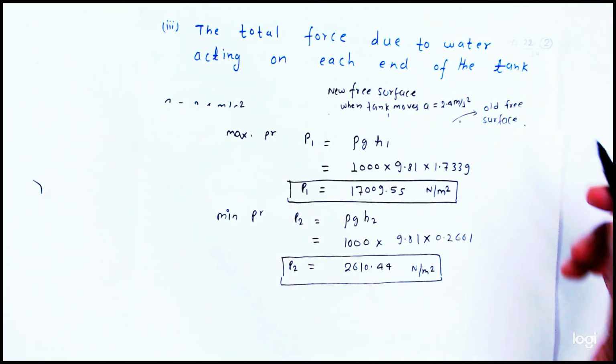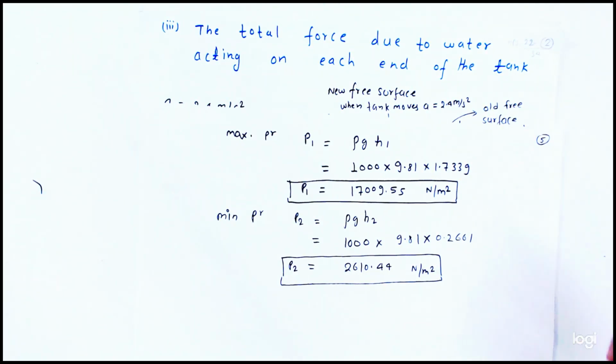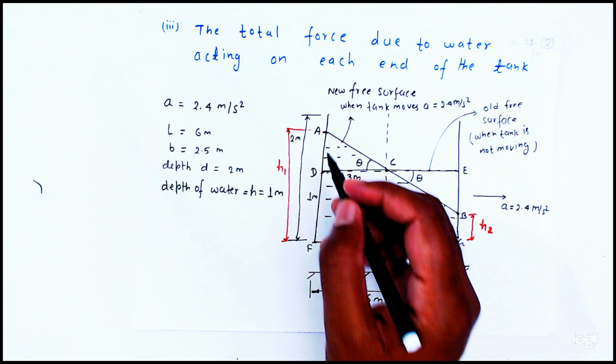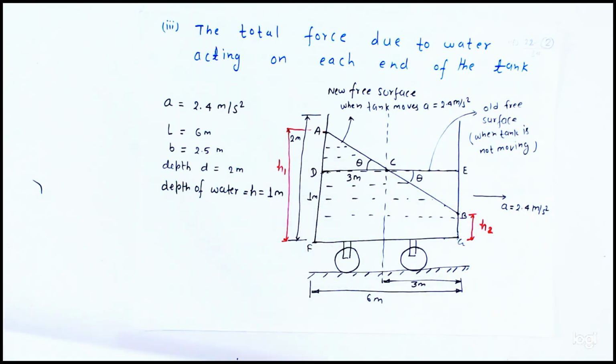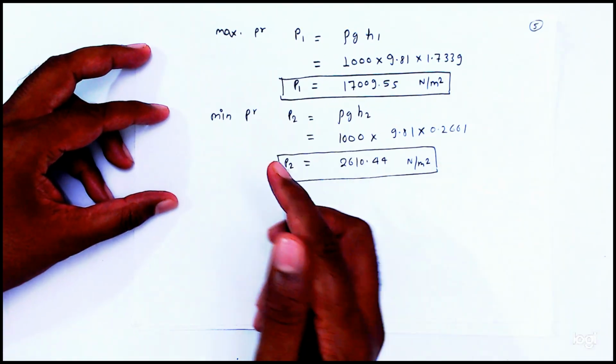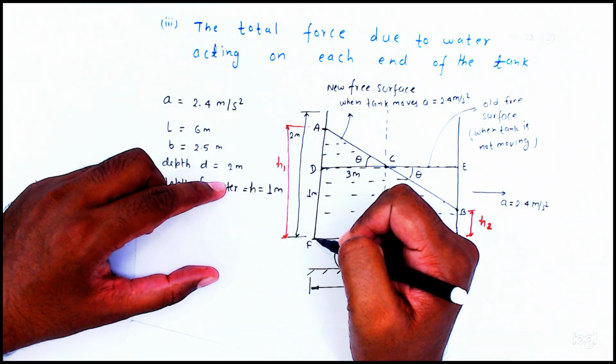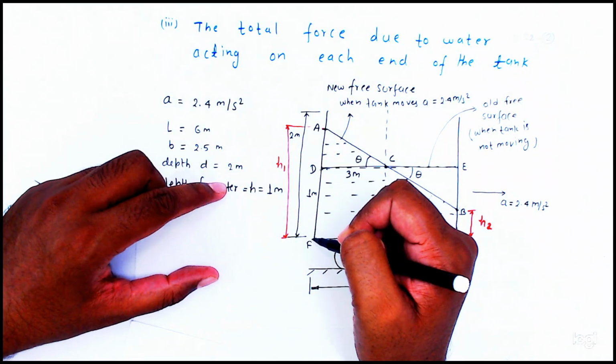Now friends, we have to find the total force due to water acting on each end of the tank. So friends, maximum force is equal to what? We know the force: if pressure is more here, force is also more.